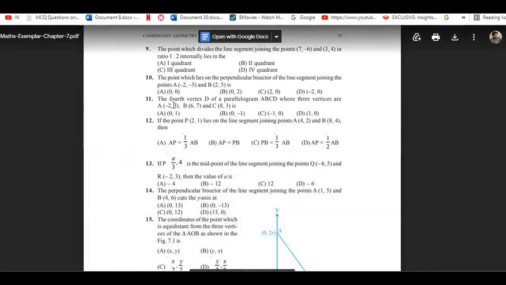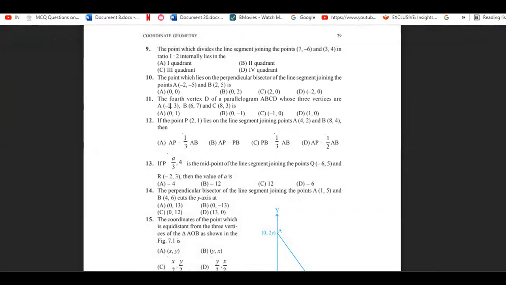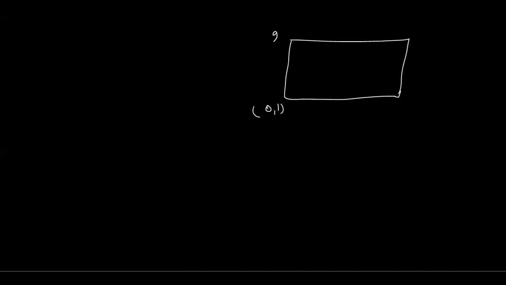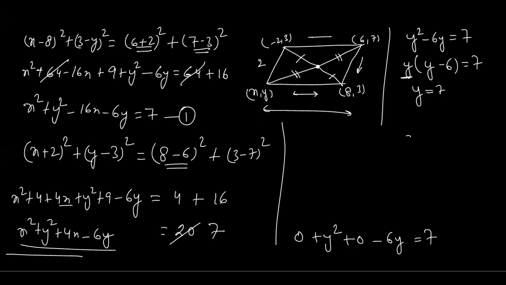That is 2, minus 2, 3, 6, 7, and 8, 3. Is it correct? Minus 2, 3, 6, 7, 8, 3.